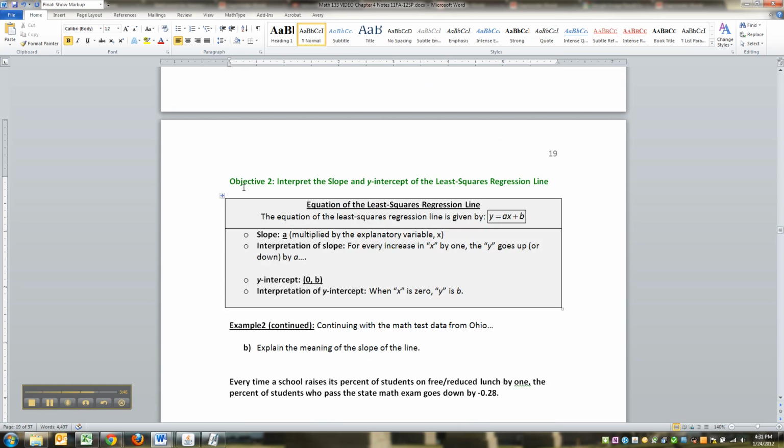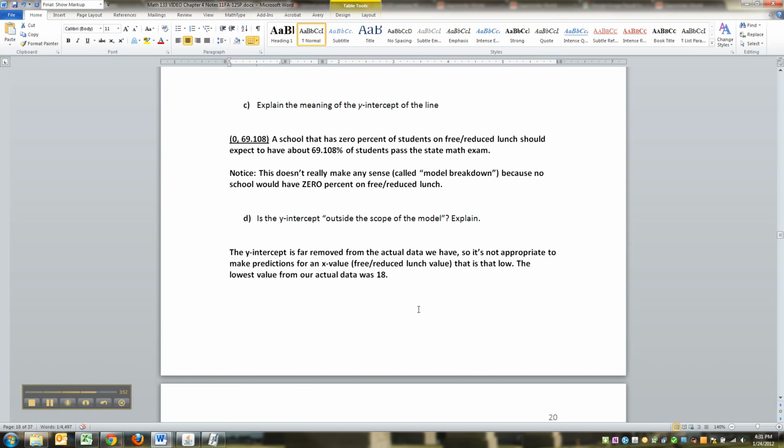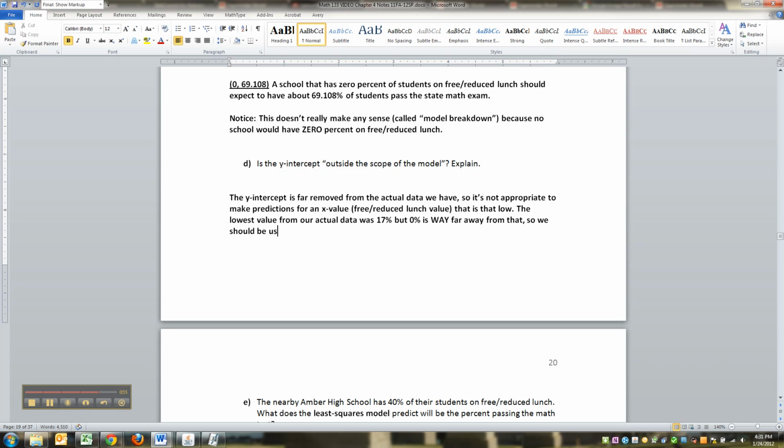Let me go back here. Oops, 17. There we go. So that's our lowest value. That's really low, was 17%. But 0% is way far away from that. So we shouldn't be using the line to make predictions for that value.